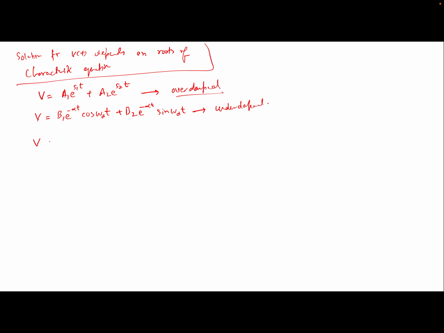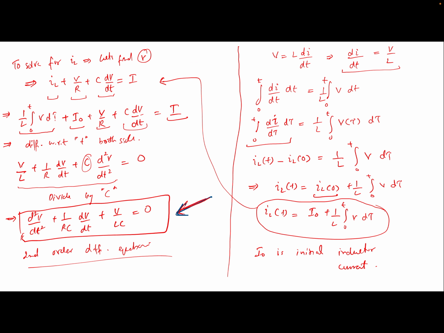And the third one was for critically damped, which was d1 t times e raised to power minus alpha t plus d2 e raised to power minus alpha t. So these were the three solutions of this equation that we derived last time, and those three solutions would still be valid.